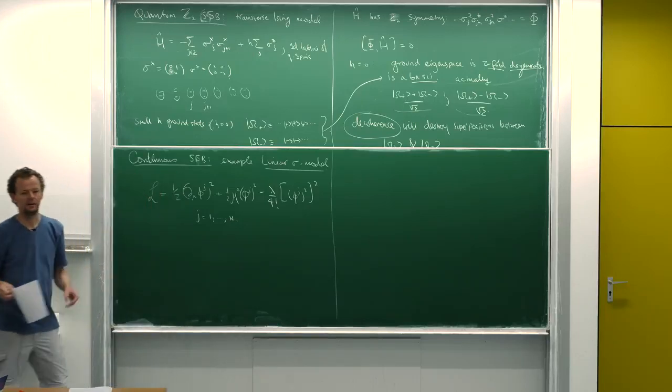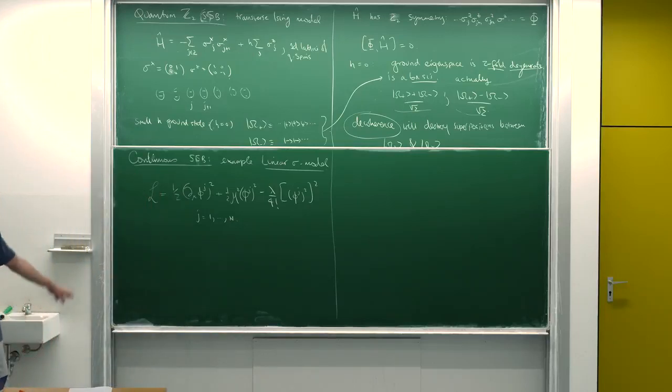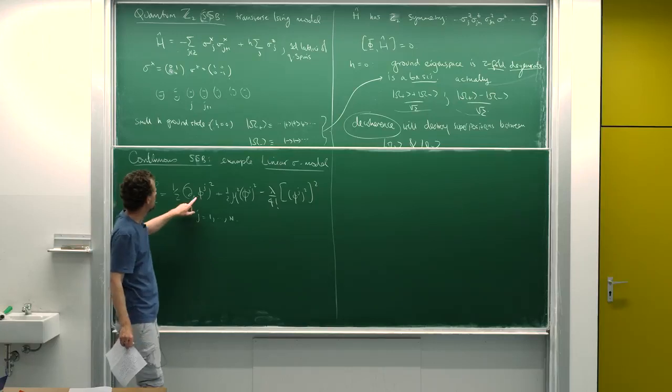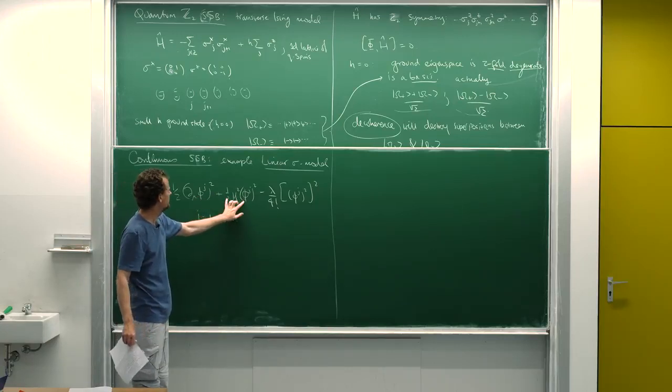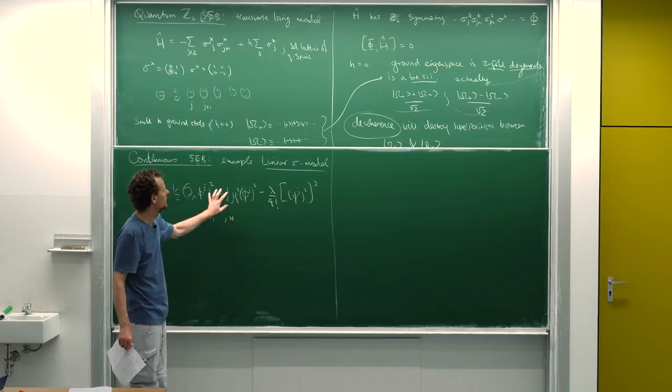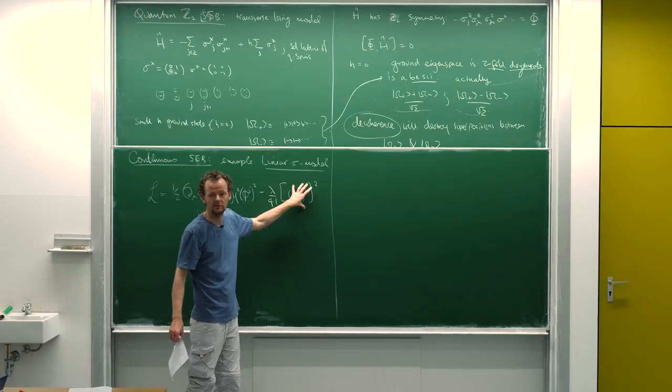This is a theory of n scalar fields, and the interactions are as follows. This is a set of n independent Klein-Gordon scalar fields which have this quartic interaction here amongst themselves.